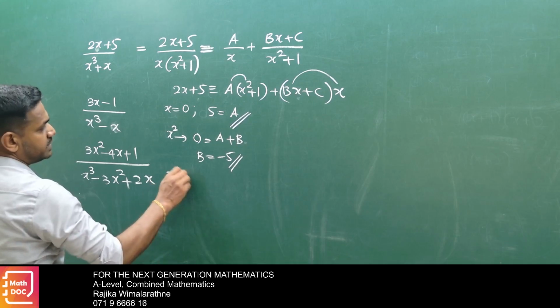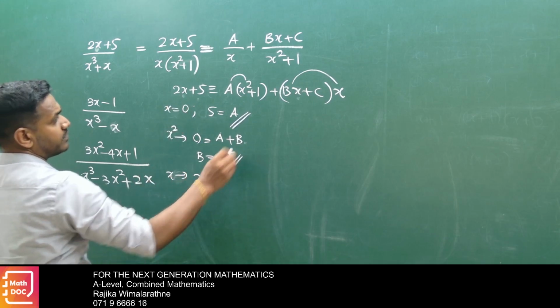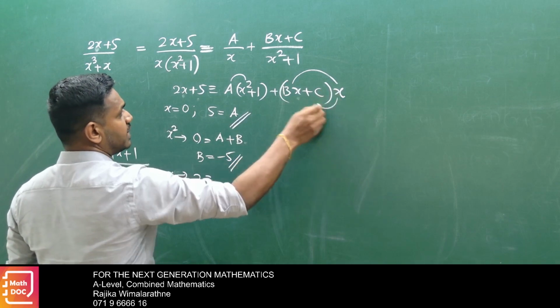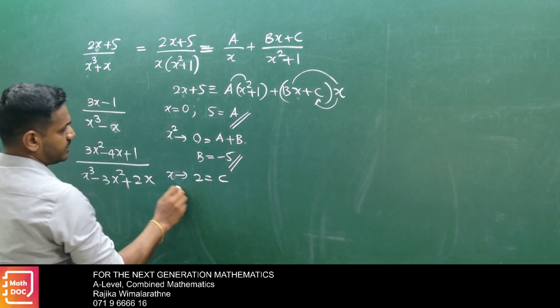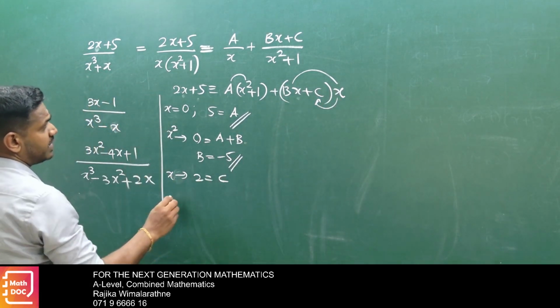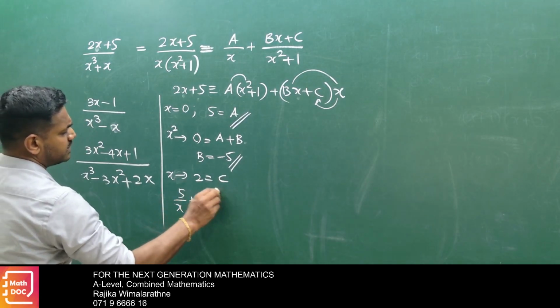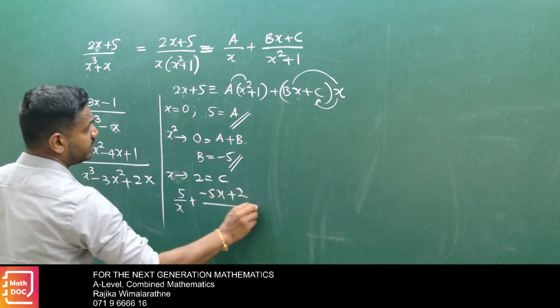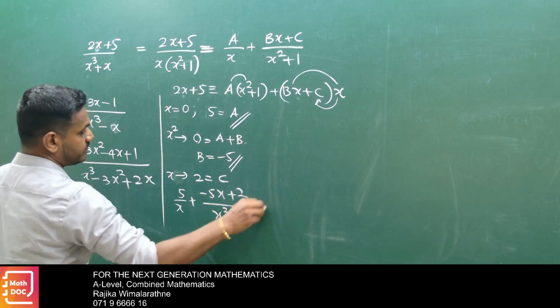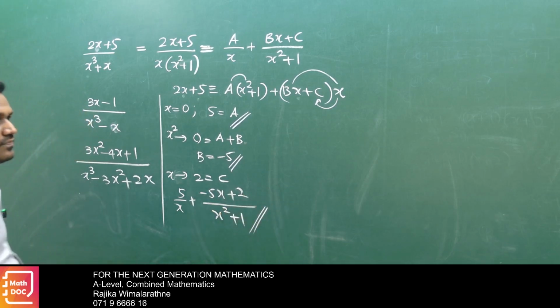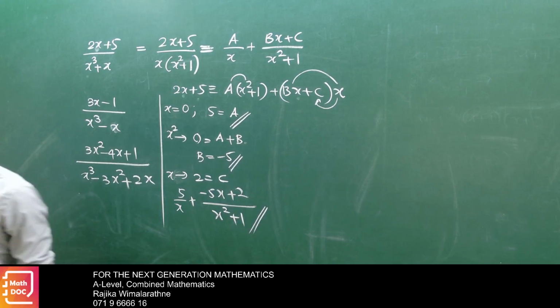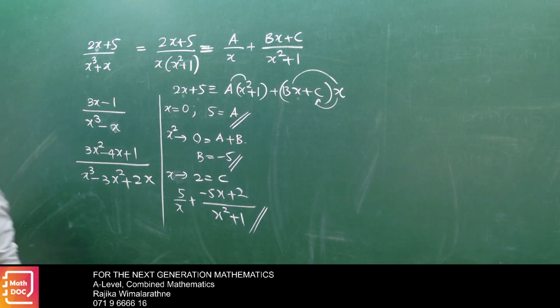Then x coefficient, here 2, here x coefficient, we have only c. Then partial fraction: 5 over x minus (5x plus 2) over x squared plus 1. Here it is. Take time.